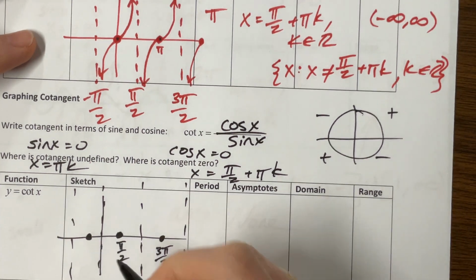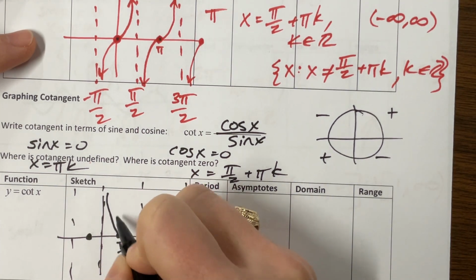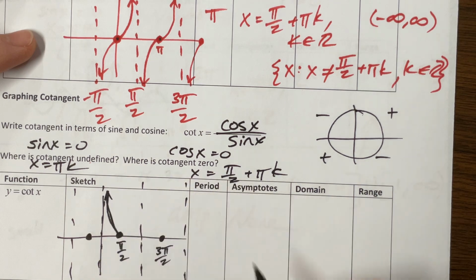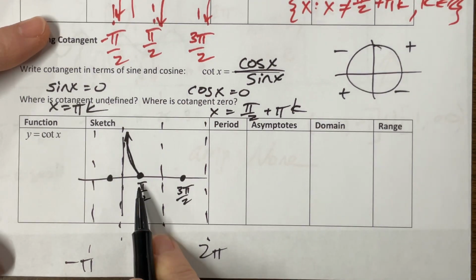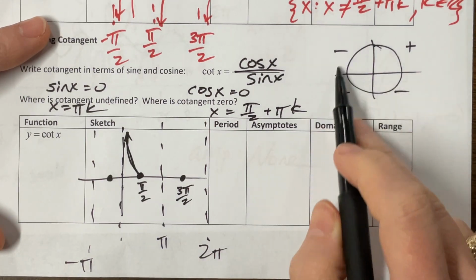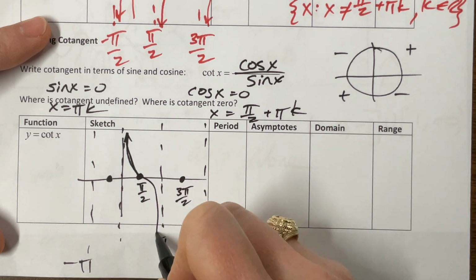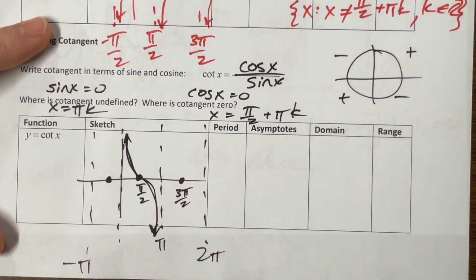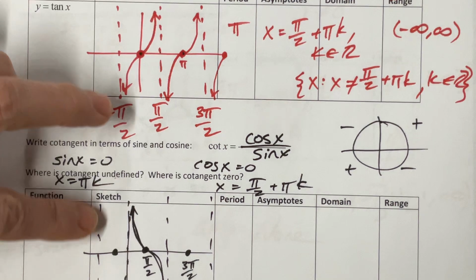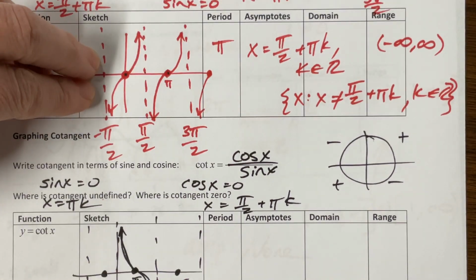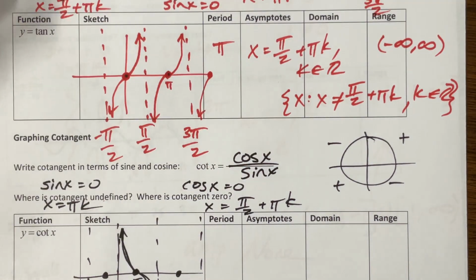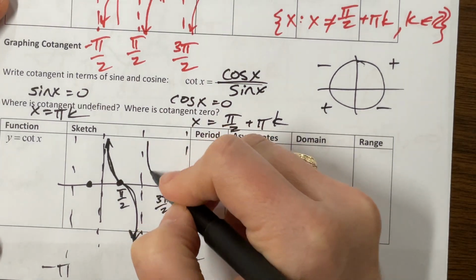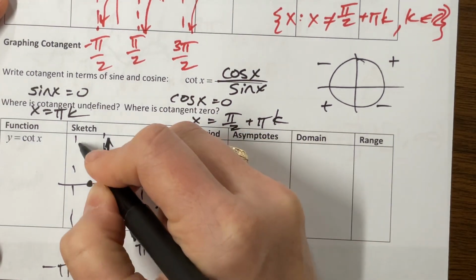So we need positive values, which means it's a decreasing function here. Now from pi over 2 to pi, we're negative, and it's a similar shape, but cotangent ends up being the graph of tangent, reflected and shifted. Okay, but it looks something like this.